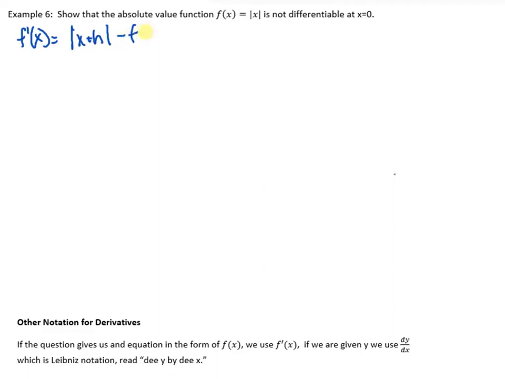But f at x is just absolute value of x, all over h, and this is the limit as h approaches 0. Well, we can just straight sub in that 0.